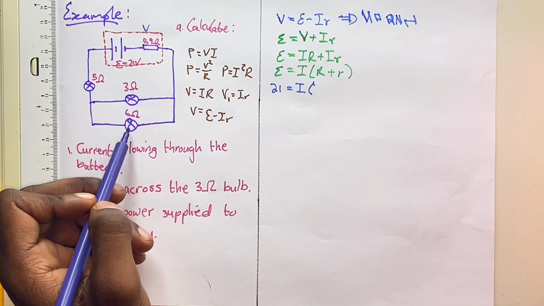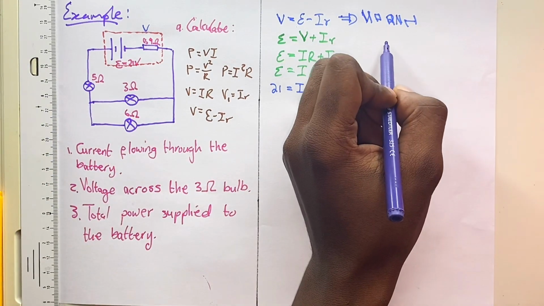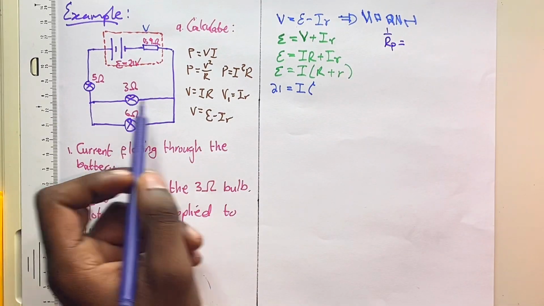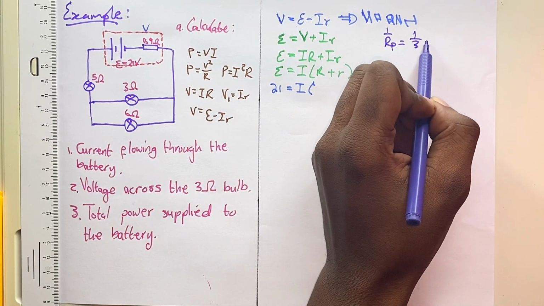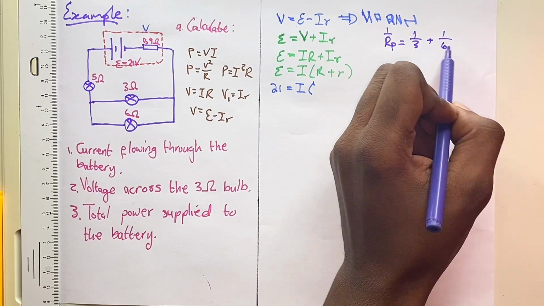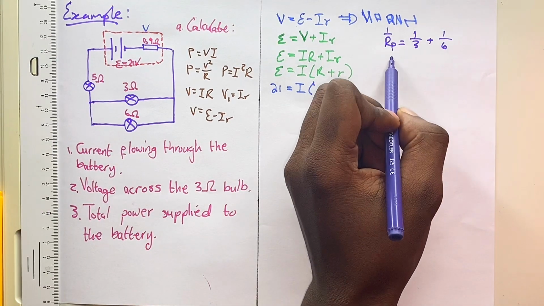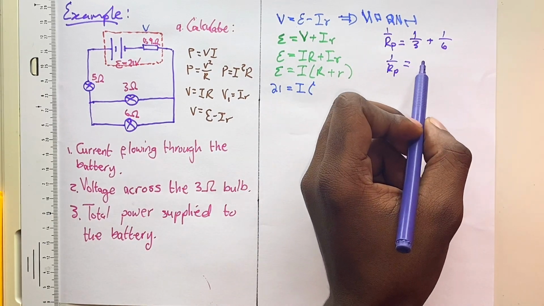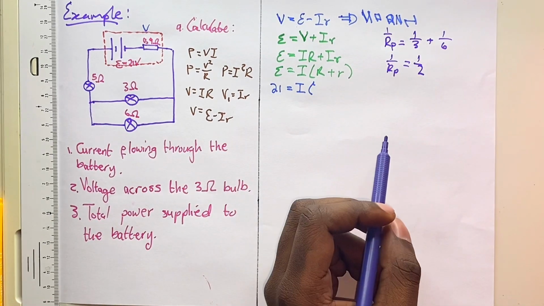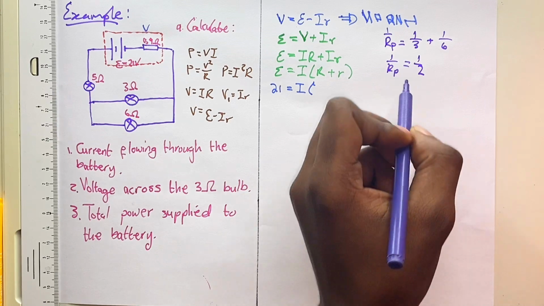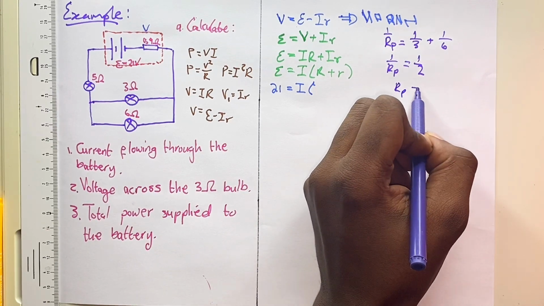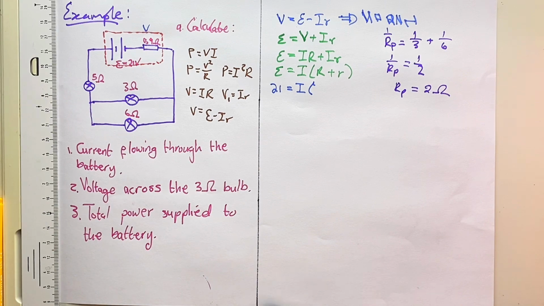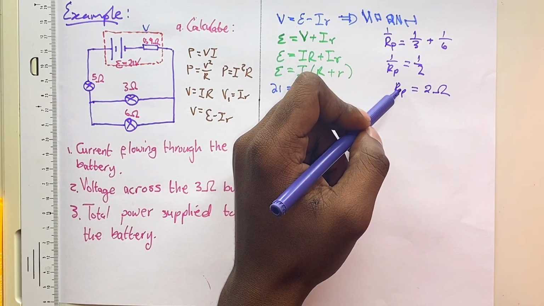Now, these 2 bulbs are in parallel, so we can start by calculating the resistance in parallel. It is given by 1/3 ohm plus 1/6 ohm. Now, total resistance in parallel will be equal to 1/2. Now, when we invert this, that means that our parallel is equal to 2 ohms. Now, that's the resistance in parallel.